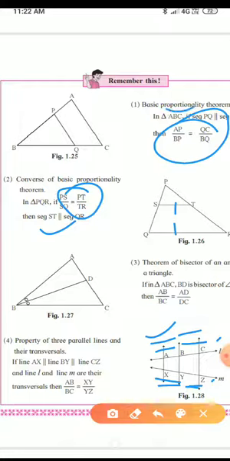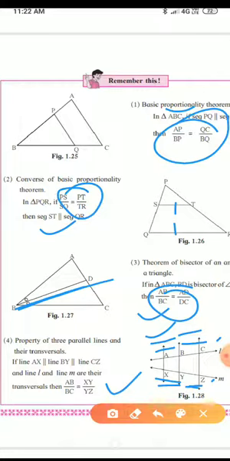In angle bisector, if the angle bisector is given, then we can write a ratio, and if we are given the ratio, then we can say this is the angle bisector of that angle. In three parallel lines and their transversals, the ratios of the segments are equal. So we have to remember these formulas.